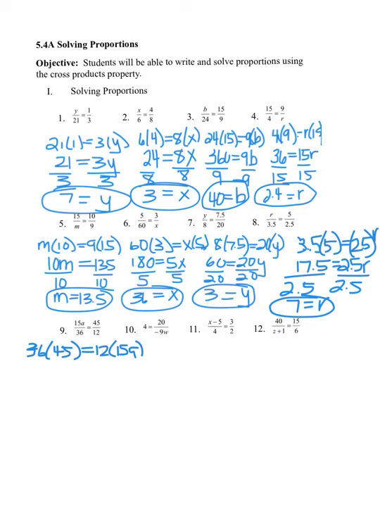So we have 36 times 45, which is 1,620. We have 12 times 15a, so you multiply your coefficients and just tack on your variable. So we have 180a. We're going to divide both sides by 180, and that'll get us a solution for a. We get 9.